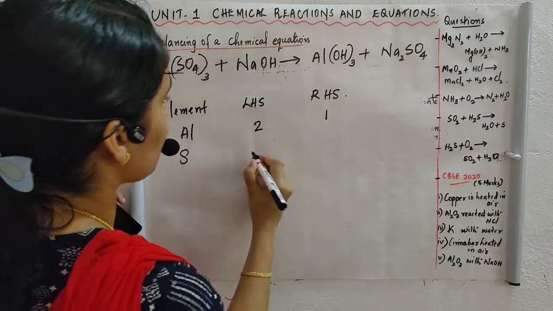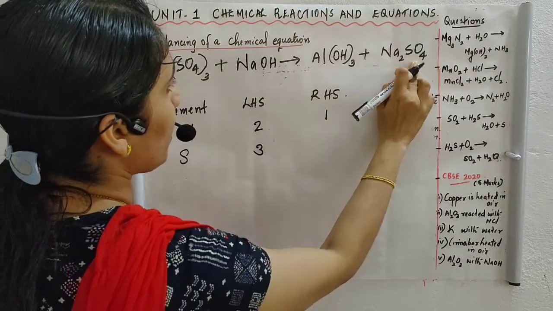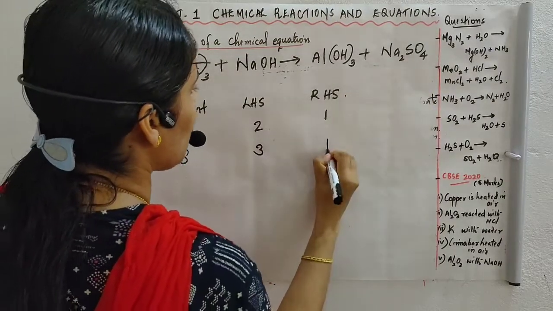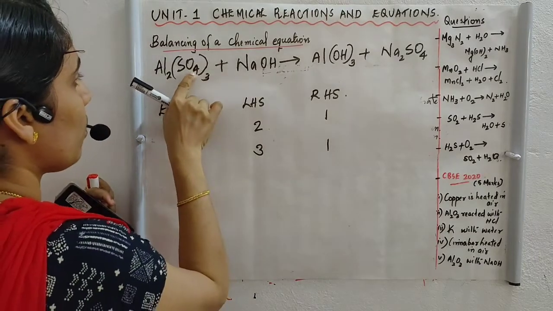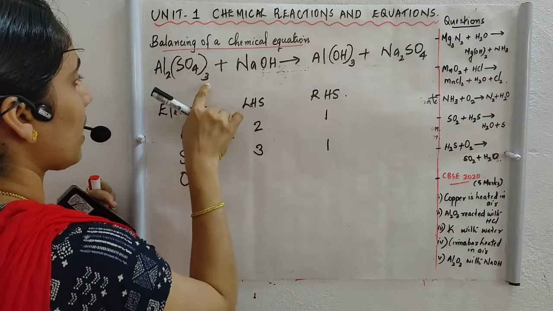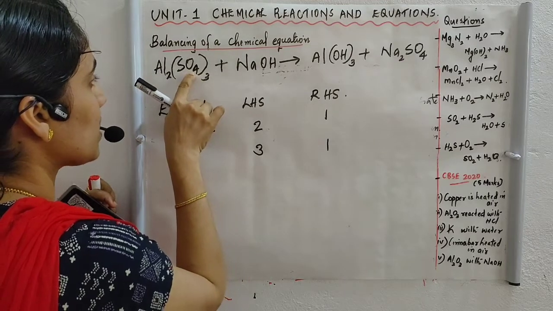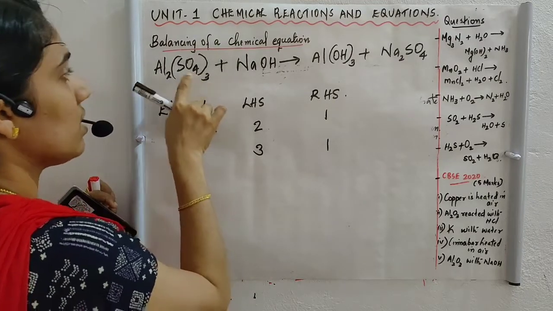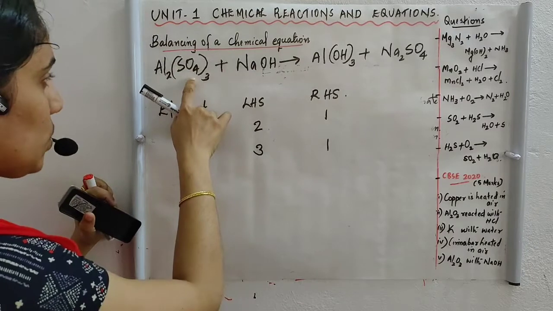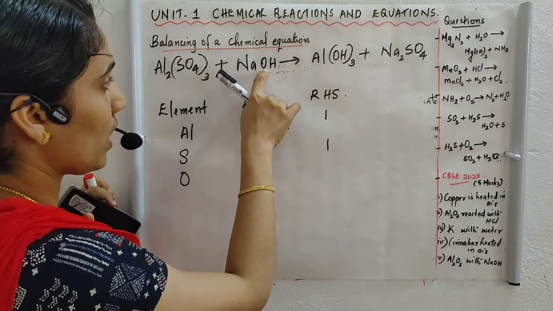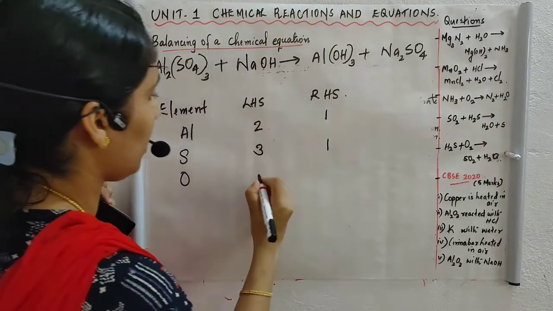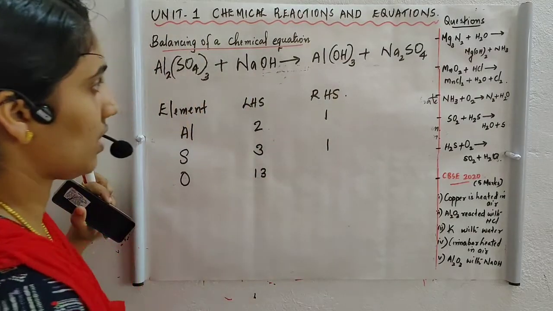So sulfur on the left side is 3 and on the right side it is 1. Oxygen: you can see 4 and a bracket thrice, so you read it as 4 into 3, which is 12. 12 plus 1 is 13 on the left side.